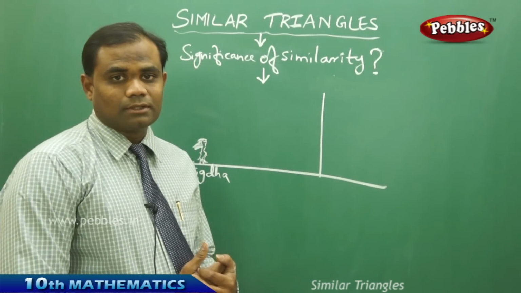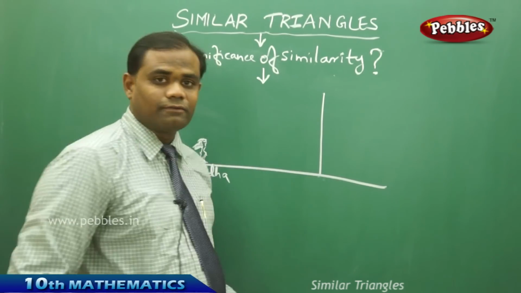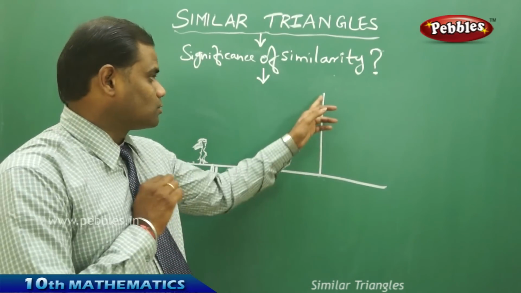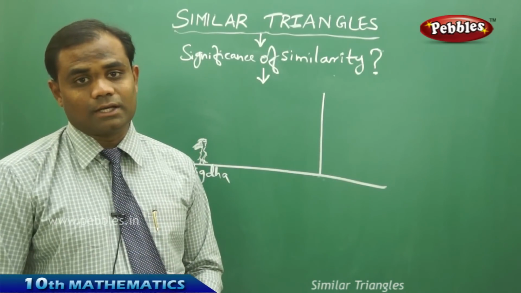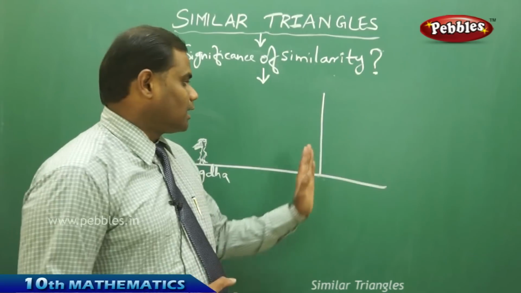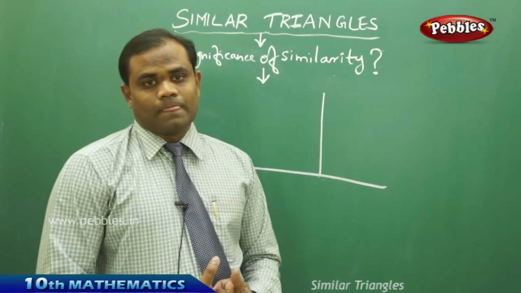She wanted to measure it without actually using a tape, because for a very tall tree, climbing to such a height would not be an easy task. She was wondering how she could find the height of the tree using mathematics.